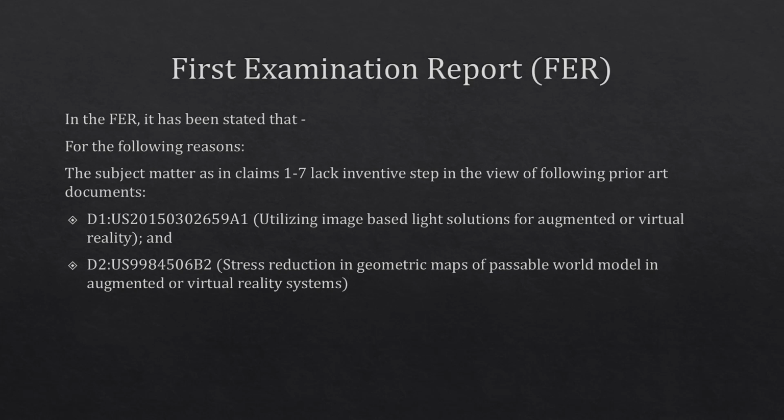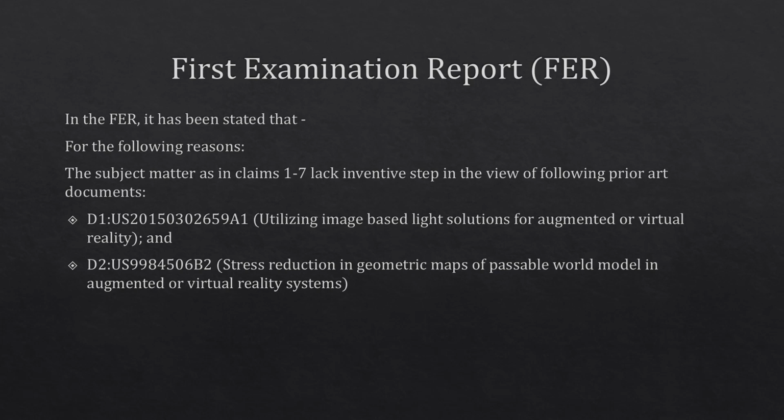There were 2 documents cited: D1, having the title utilizing image based light solutions for augmented or virtual reality, and D2, bearing US patent number 9984506 B2, having the title stress reduction in geometric maps of passable world model in augmented or virtual reality system.